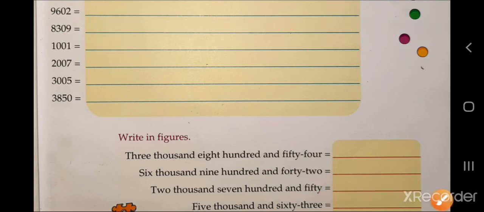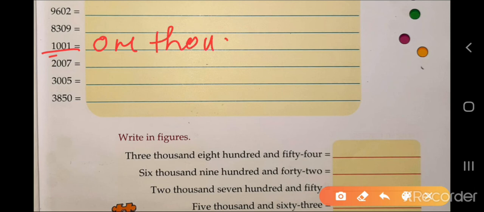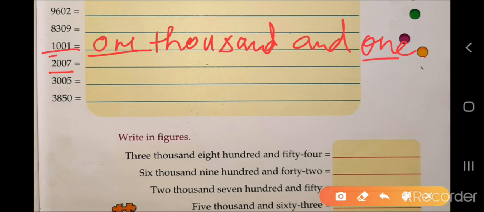Okay, again this one is 1,001. So 1 is on the thousands place, so 1,000. There is nothing, there is 0 on the tens and hundreds place, so write 1,001. Okay, again 2,007. You only have to change the ones place number name and tens place number name.